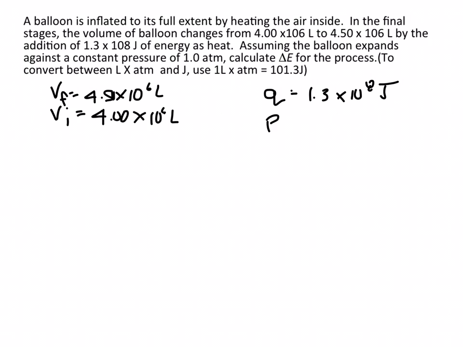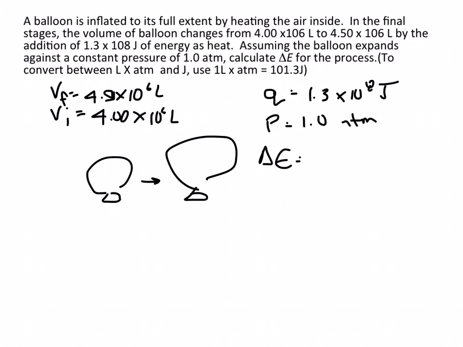We've also been given a pressure value of 1.0 atm, and they want us to calculate delta E. So they want to know the change in the energy for the process occurring at 1 atm when a balloon goes from 4 times 10 to the 6 liters to 4.5 times 10 to the 6 liters upon the addition of 1.3 times 10 to the 8 joules of energy in the form of heat. Basically, we're taking a balloon and increasing its volume by the addition of heat.